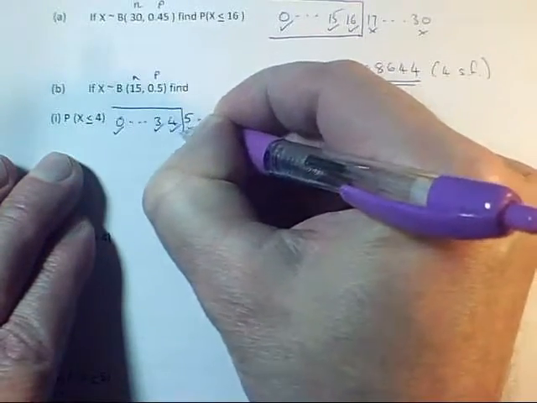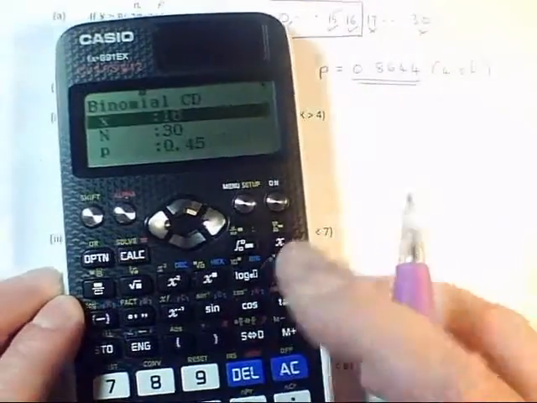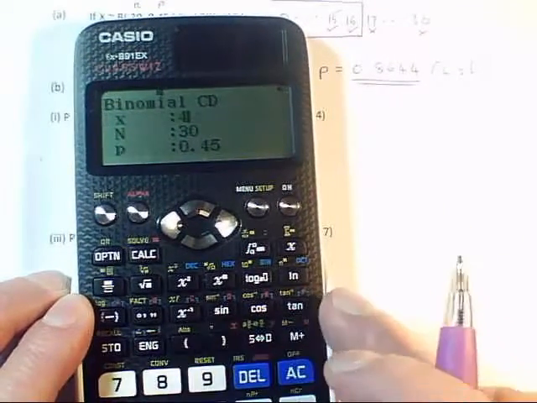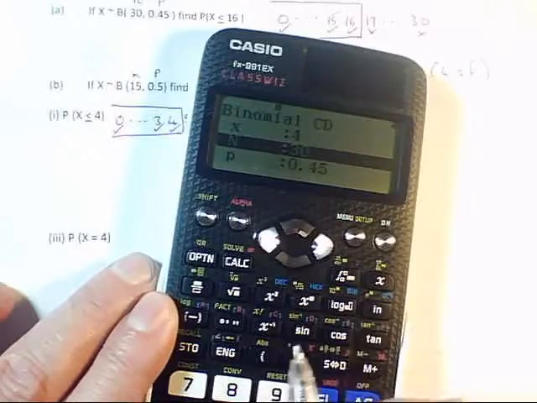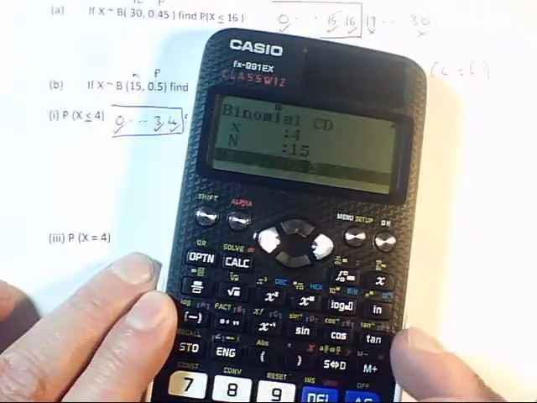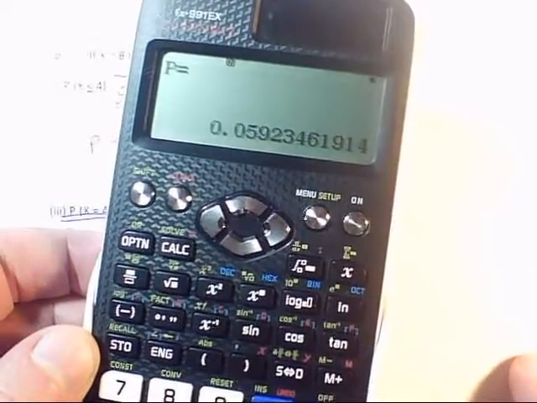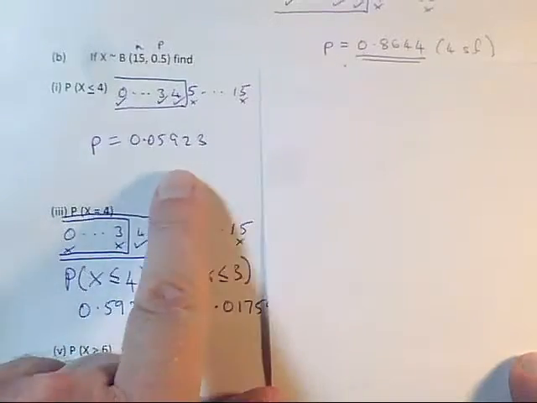So my box is coming like this. I want values up to and including 4, so I need to go up to 4, and I need to put in my correct values of n, which is now 15, and p, which is 0.5, and my calculator tells me that I need 0.05923, so I've got the answer here.